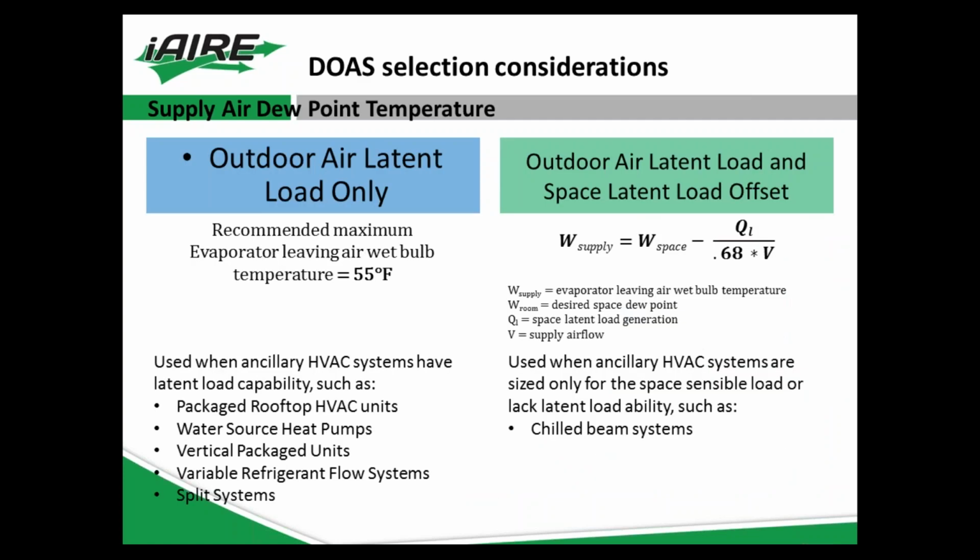So if you're looking at the two differences here, I have listed outdoor air latent load only, so the unit is only going to be sized to pull moisture out of the outdoor air, and that's versus on the right side you see outdoor air latent load and space latent load offset. So if you're only doing the outdoor air latent load, you're going to want a maximum evaporator leaving air temperature of 55 degrees.